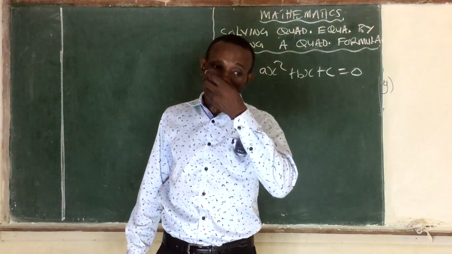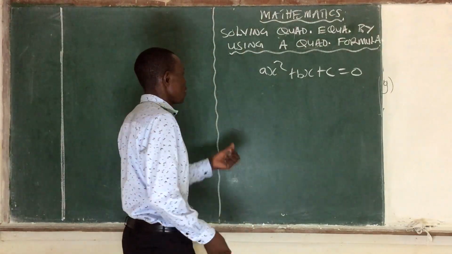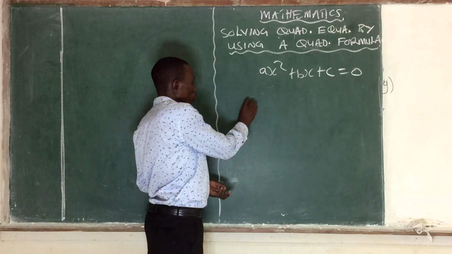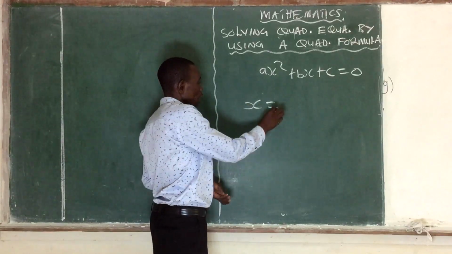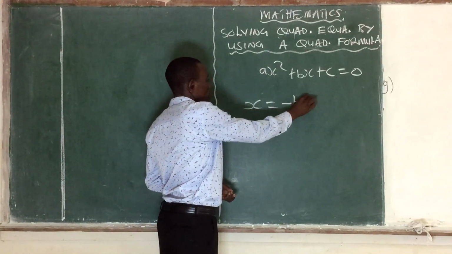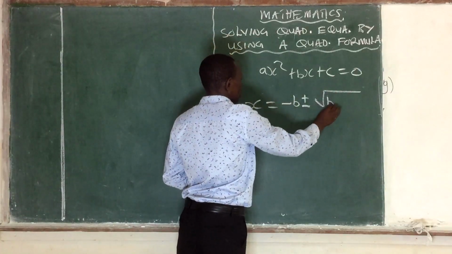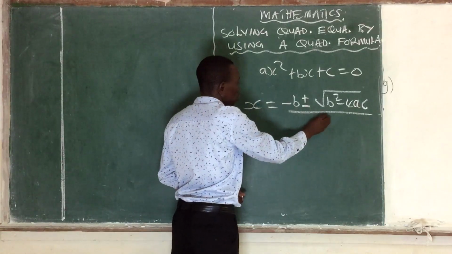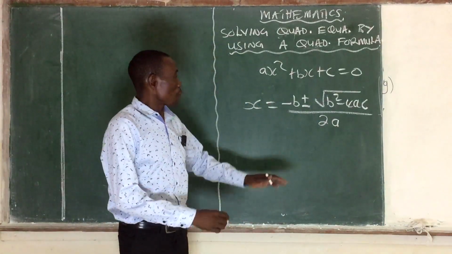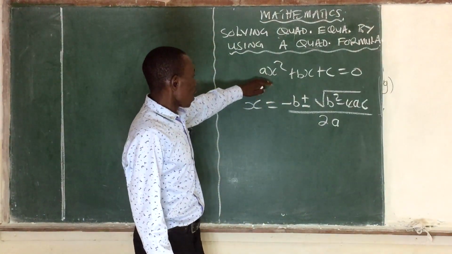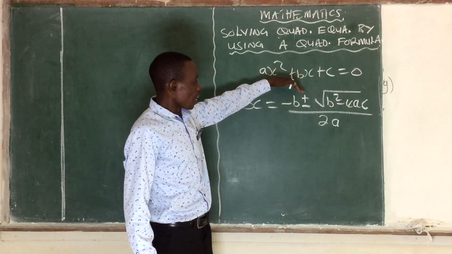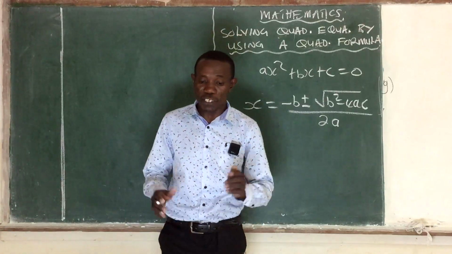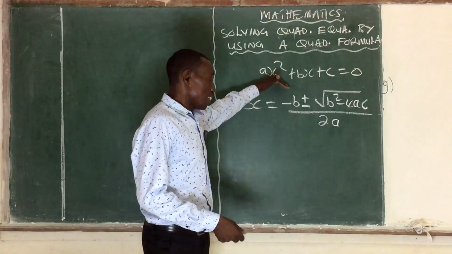Based on what we discussed, the formula we produced is x equals negative b plus or minus the square root of b squared minus 4ac, divided by 2a. This is the formula derived from the form of the quadratic equation, and you can use it to solve all quadratic equations of this kind.